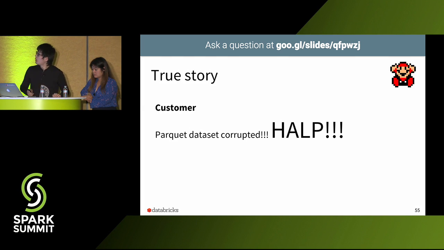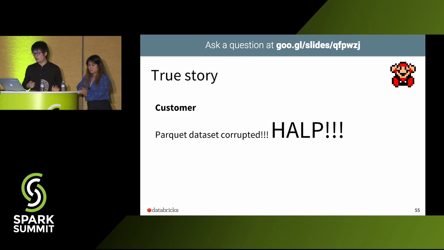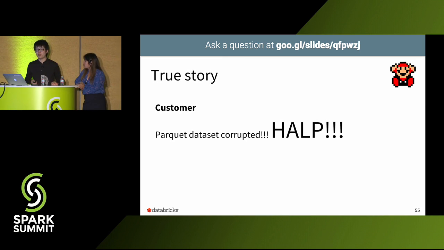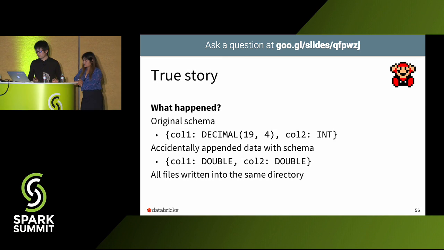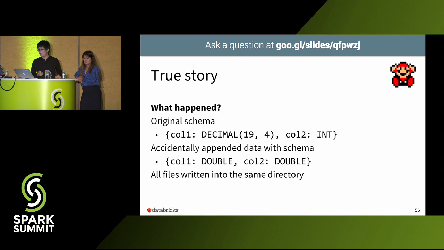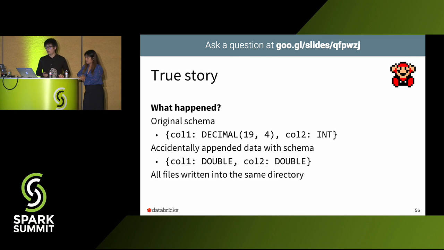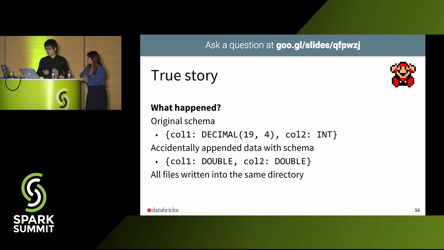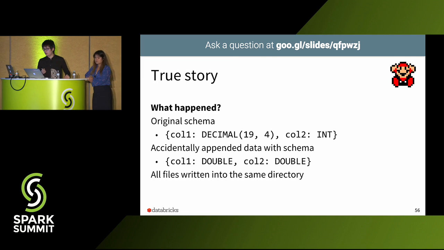Okay, so that's another true story which became pretty messy. Our customer shouted at us that we have a Parquet dataset which is corrupted. What really happened is that the original schema was two columns of decimal and int, but accidentally they wrote some other data where both columns became double.